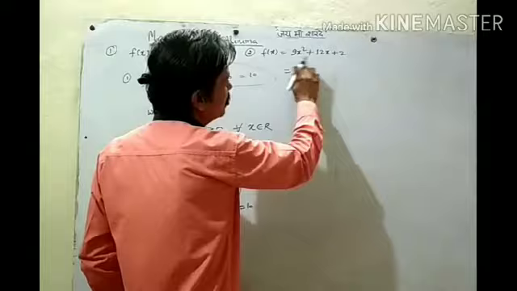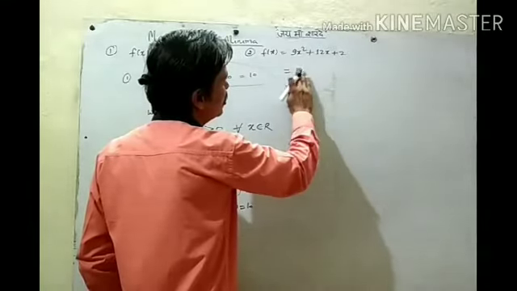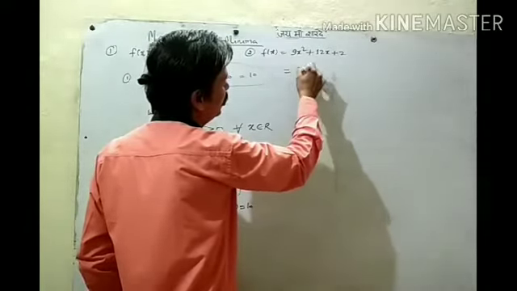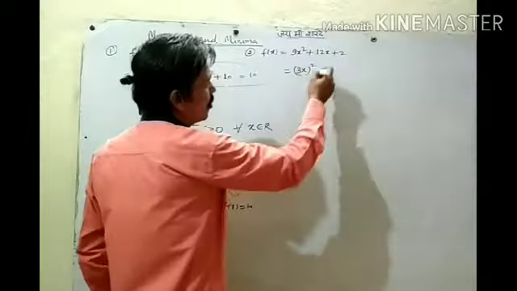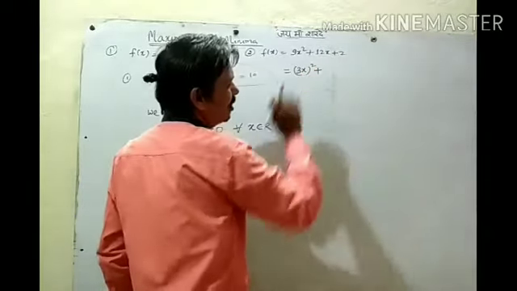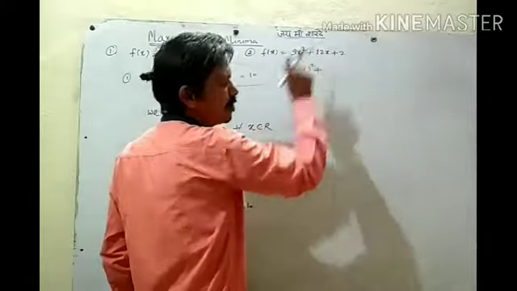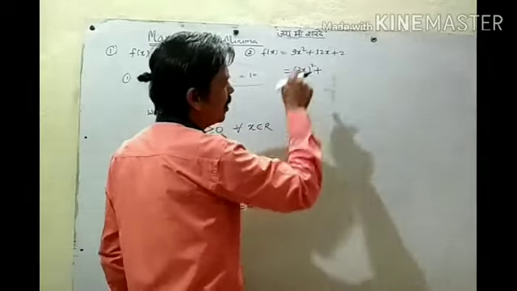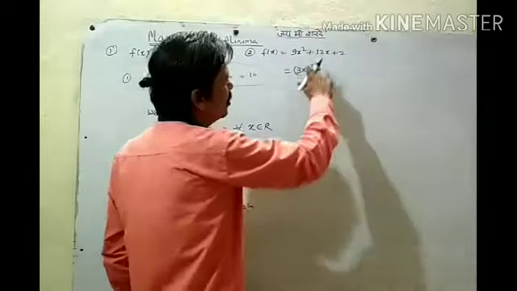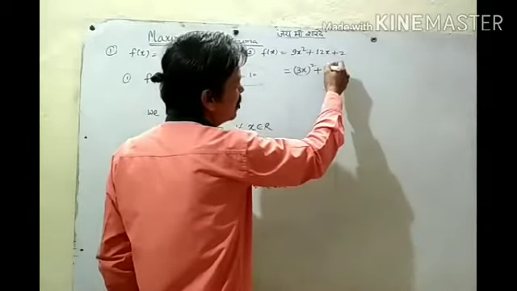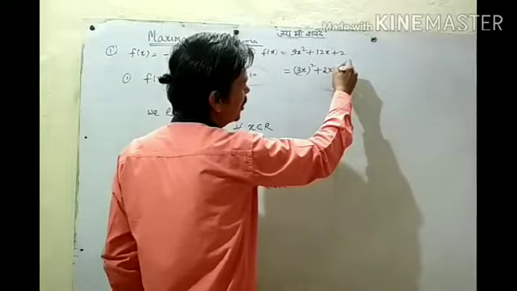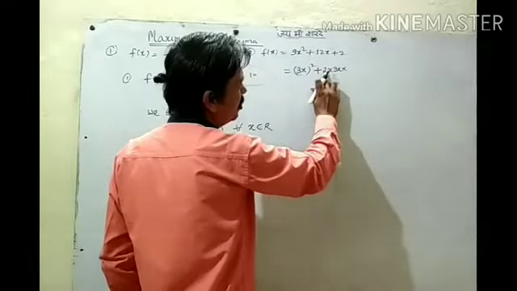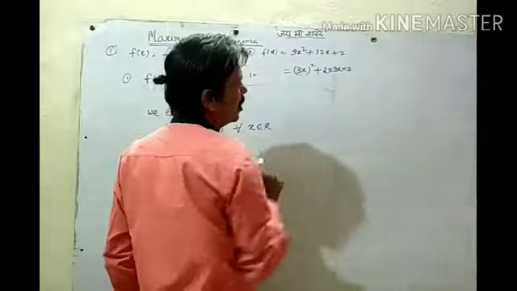So what is the process? 9x square is the square of 3x. Now it is 12x, so it is in the form of 2ab. So 3x is a, into 2, is 6x. So 2 into 3x into 2 gives 12x.